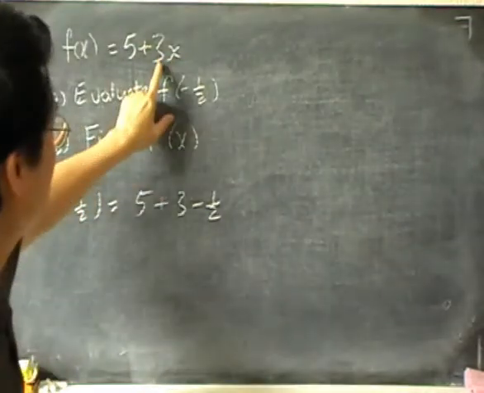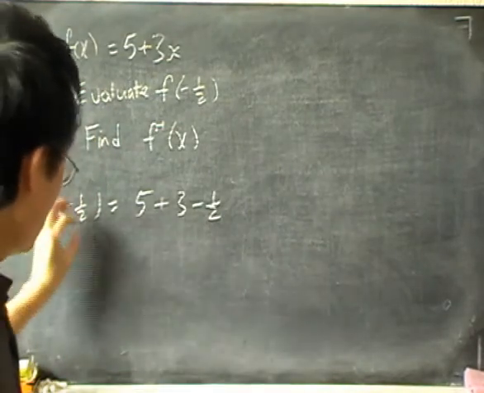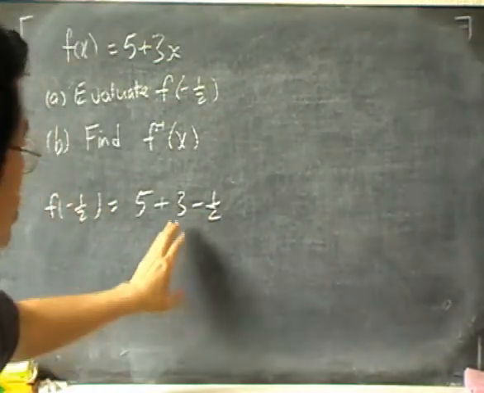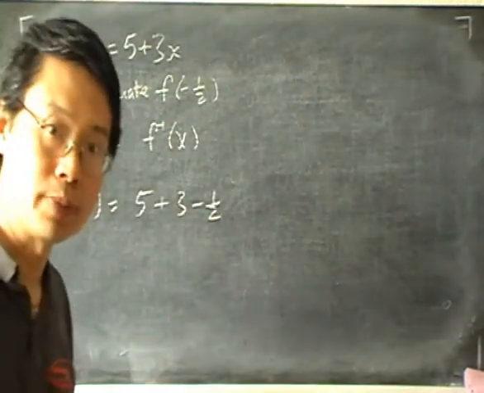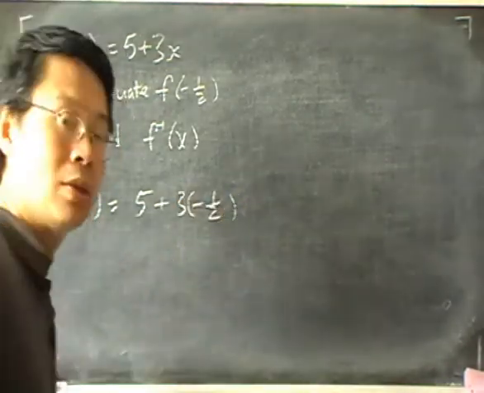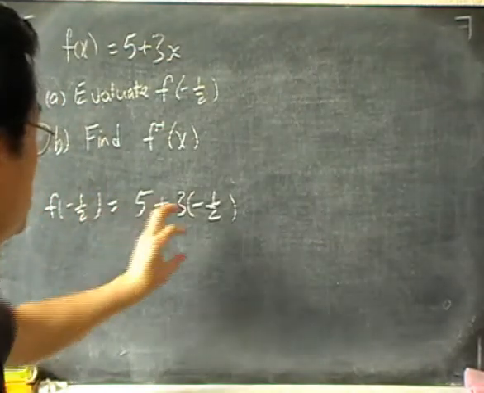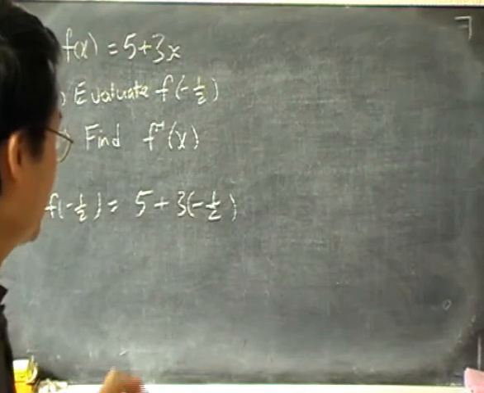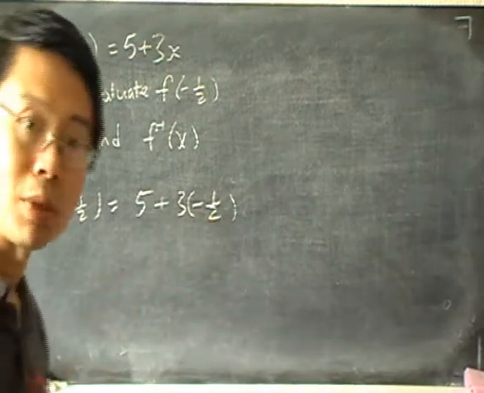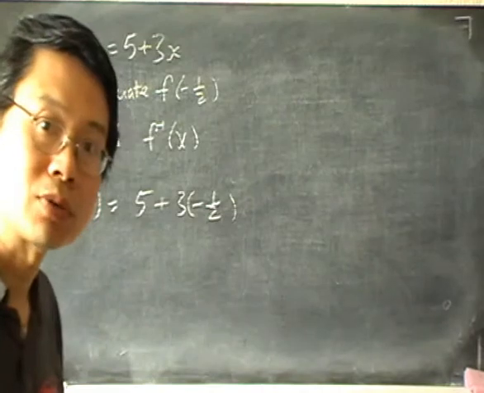So 3x really means 3 times x. But if I just replace the x directly by the minus half, it looks like 3 minus half, which is wrong. So the proper way to write this would be to put a bracket around it. This tells us that we should really be multiplying 3 by minus half, and not doing 3 minus half.